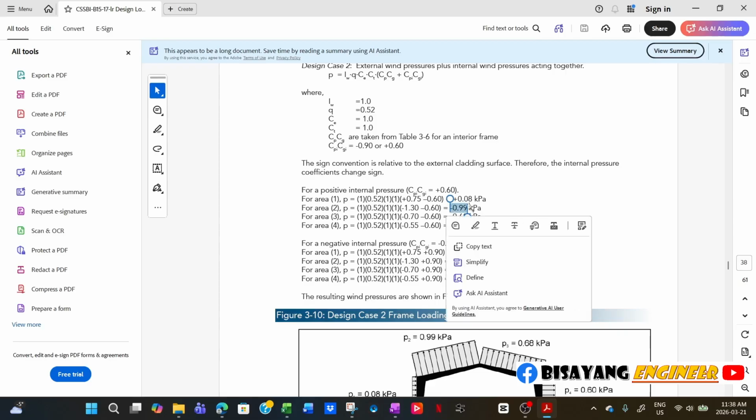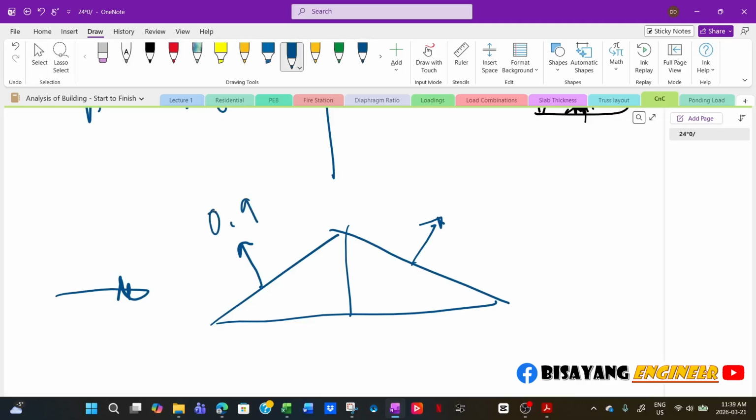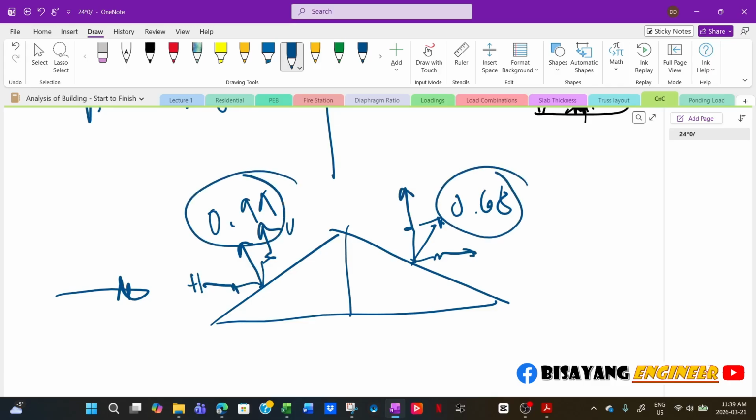So in this example, 0.99 and 0.68. Now, if you get the horizontal components and the vertical components, this is also vertical, this is also horizontal. If you notice, this is bigger than this one. So therefore, there will be a net force going in this direction.